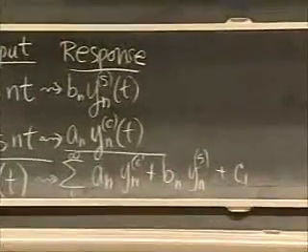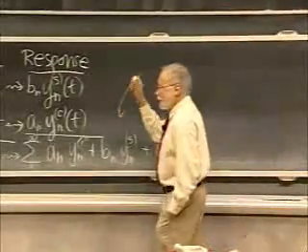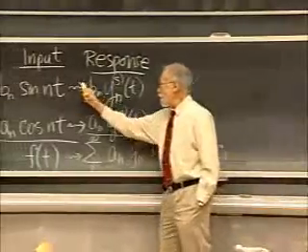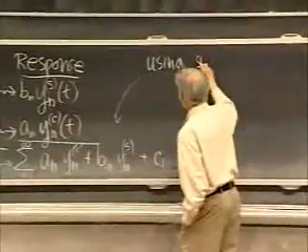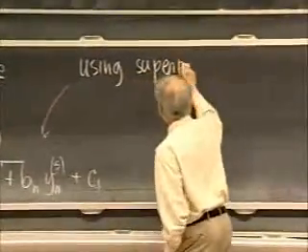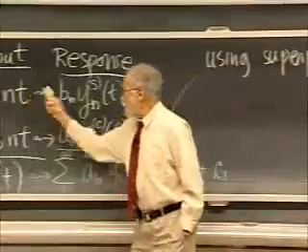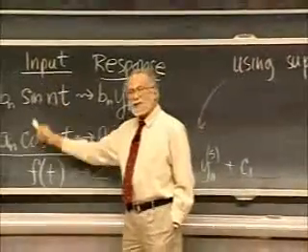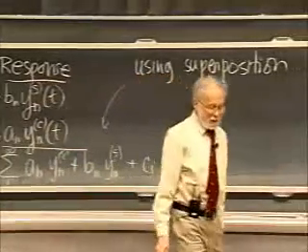Now, why does that work? It works by the superposition principle. The reason I can do the adding and multiplying by constants is that I'm using the superposition principle. If this input produces that response, then the sum of a bunch of inputs produces the sum of the corresponding responses.